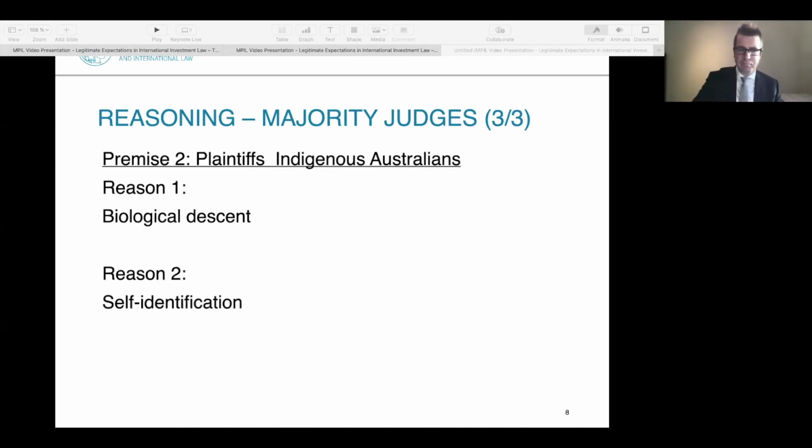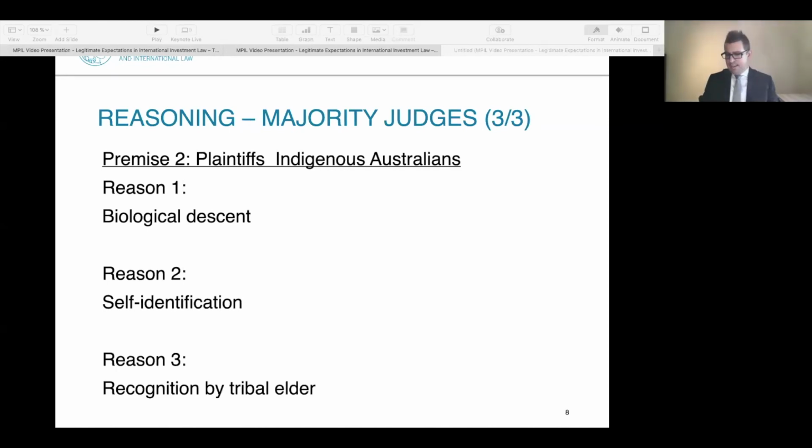Second point there, you need to self-identify as an Indigenous Australian, which is obviously not too difficult. And third one, you need to be recognised by a tribal elder of a recognised Indigenous tribe as part of that tribe.